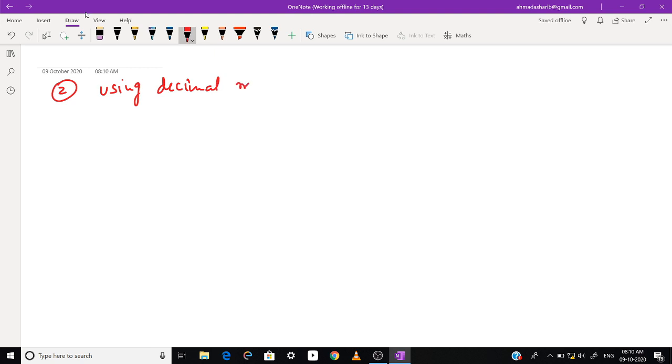The first part is 5 meter 13 centimeter.